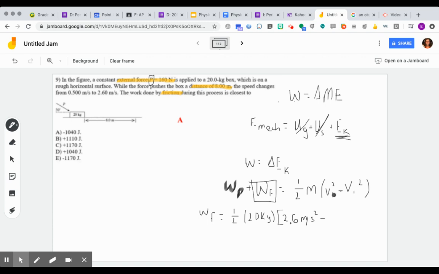The initial velocity is 0.5 meters per second. Again, don't forget to square it. Oh, running out of room here. Okay, and then we subtracted the work due to friction to the other side.